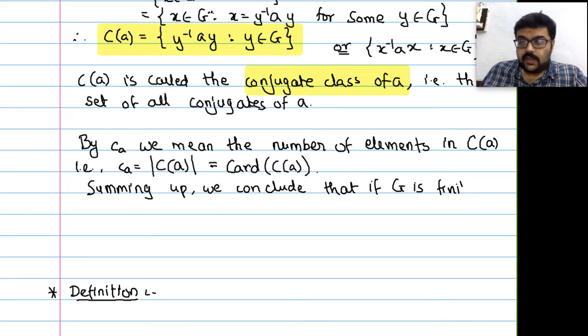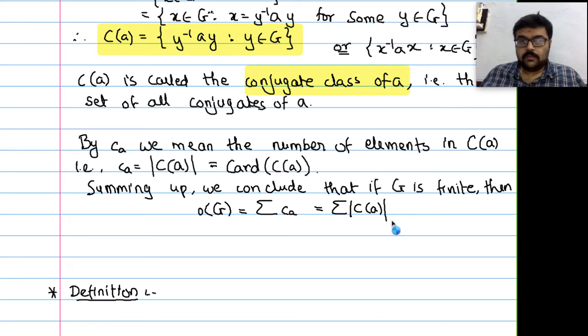Then the order of G will be the summation of the cardinalities of the classes, the summation of the cardinality of C_A, which is denoted by small c_A.